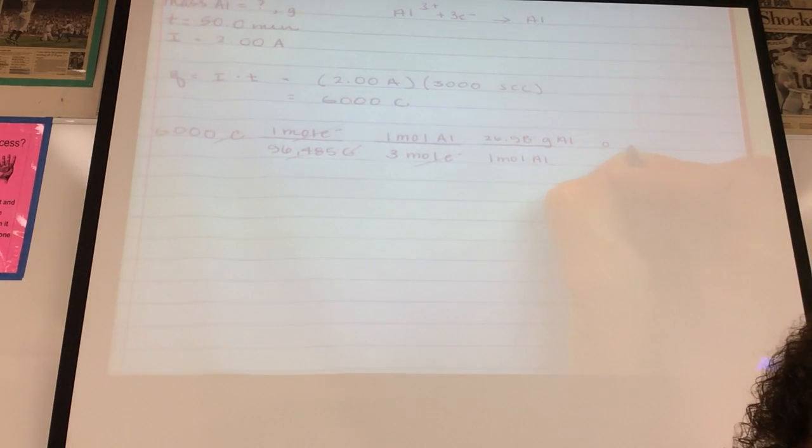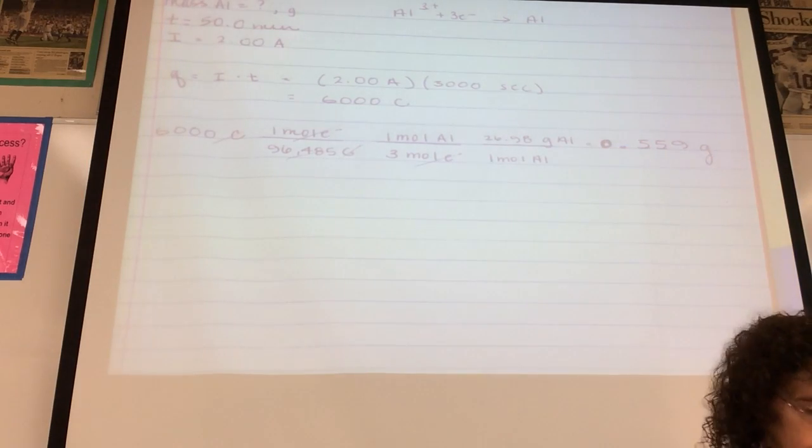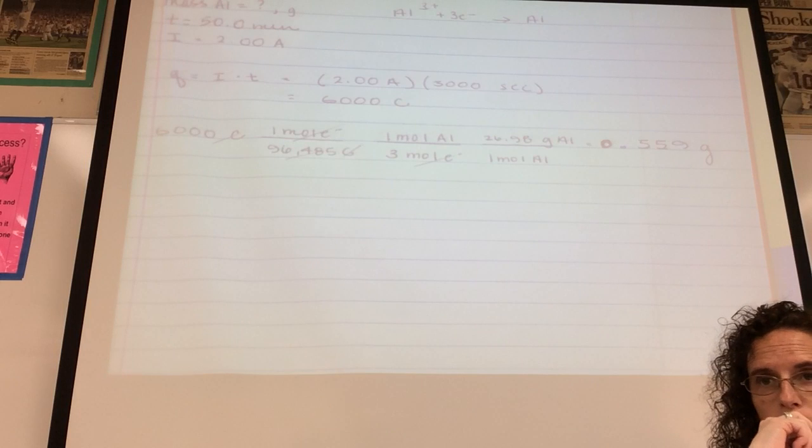And that's going to be 0.5... 59 grams. Not bad.